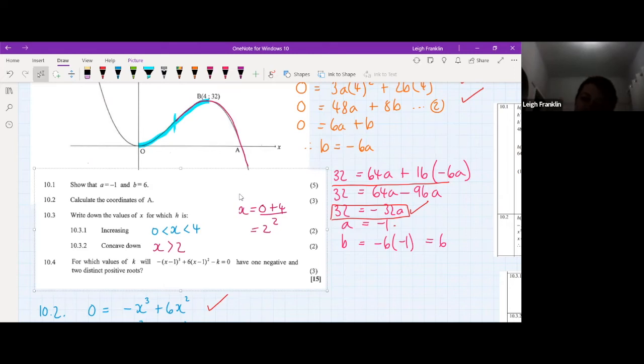Okay, so now, matrix, we're going to look at question 10.4. For which values of k will minus x minus 1 cubed plus 6 x minus 1 squared minus k equals 0 have one negative and 2 distinct positive roots?